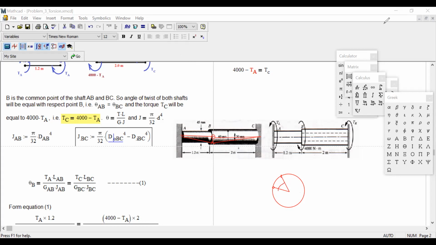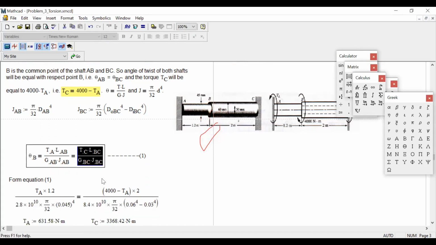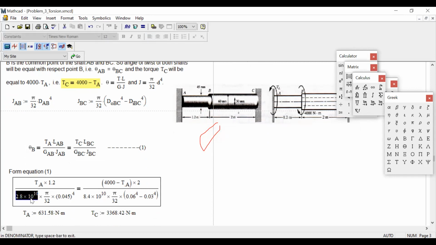Okay. So now we are saying, since this is a common cross section, theta for both shafts is the same. We said that this formula equals this. GA, GB are given. This is the value of GA, aluminum. This is the value of GB. And this is JAB. We just put diameter to the power 4. This one is JBC.